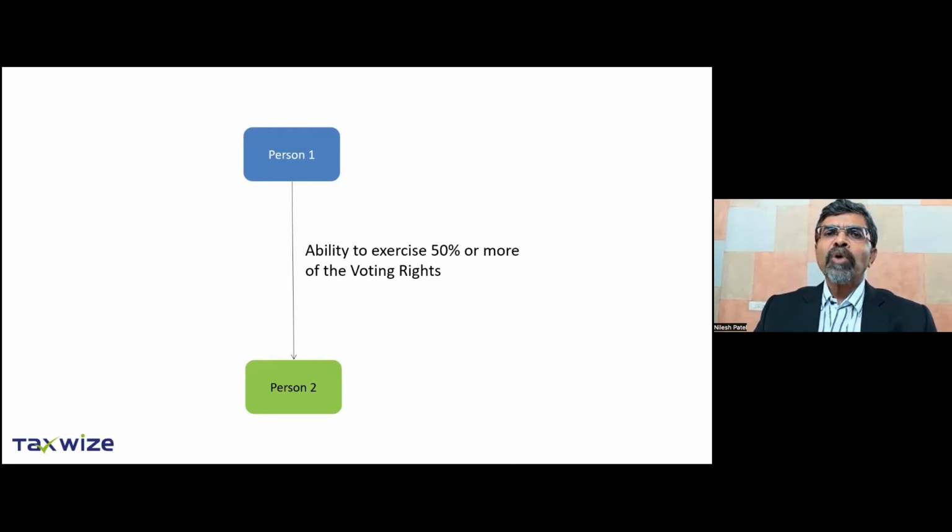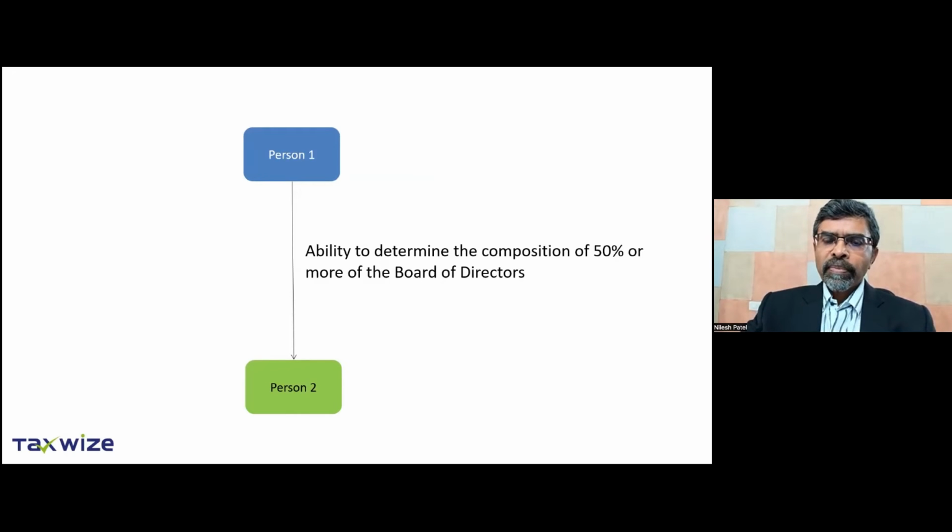This is a scenario where voting rights may be more or less compared to ownership rights. Then the second criteria is the first person has the ability to determine the composition of 50% or more of the board of directors of the second person. This happens mainly in the cases of companies.